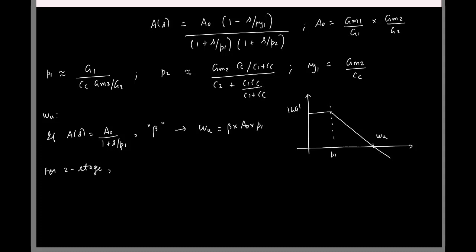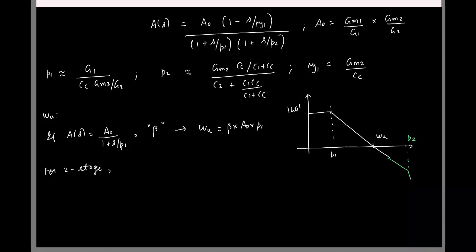Pole split up. We saw that the system was basically behaving like a first order system around omega u, right? So where do you think the second pole might come now? After omega u. Somewhere after is where we'll have the second pole. So this is where it will come. The 0 will come later after that, let's say.